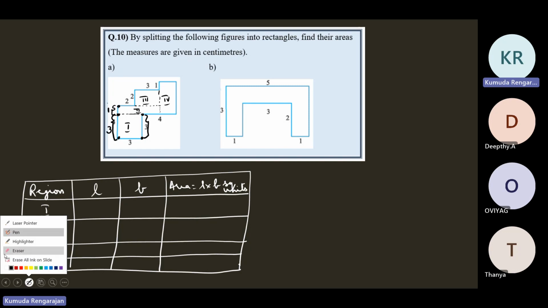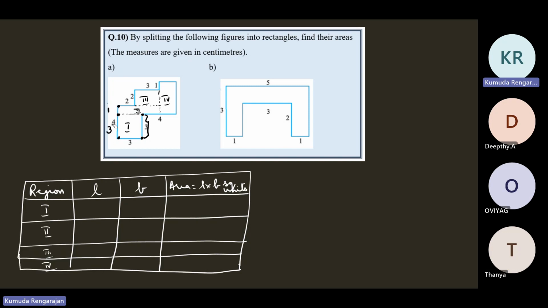Now you should not get confused because the 4 is written here. Because the 4 is written here, you should not think that this is 4. I told you in the beginning itself, from where to where is 4? From here to here is 4. That's why 4 is written here.